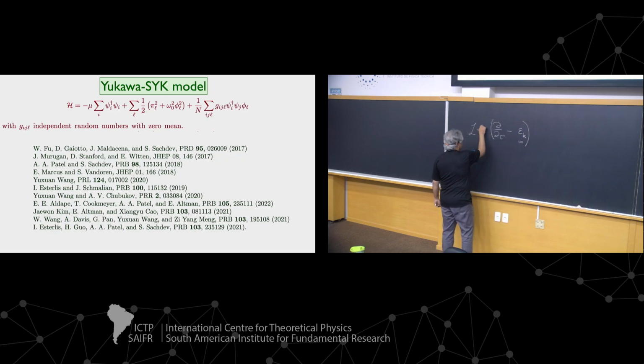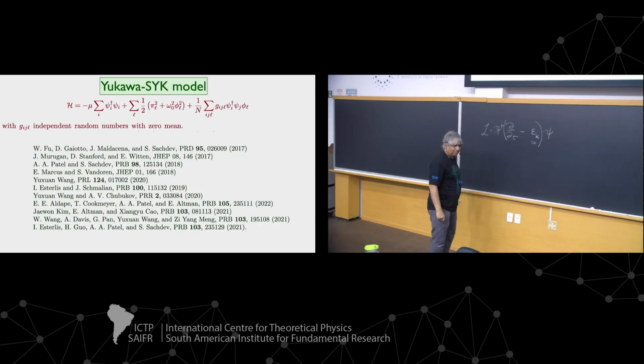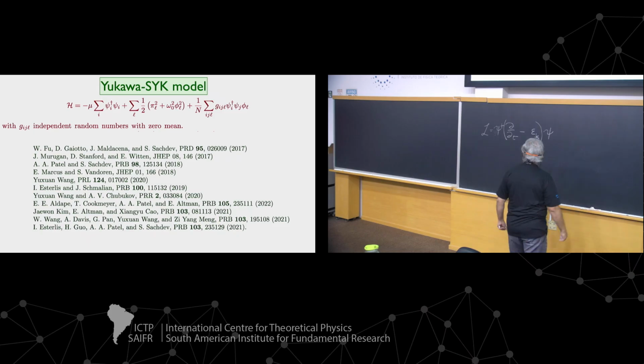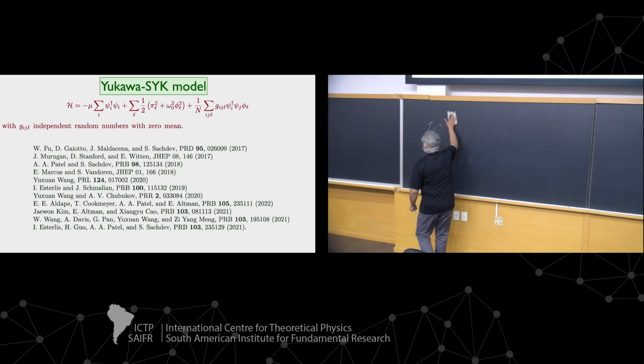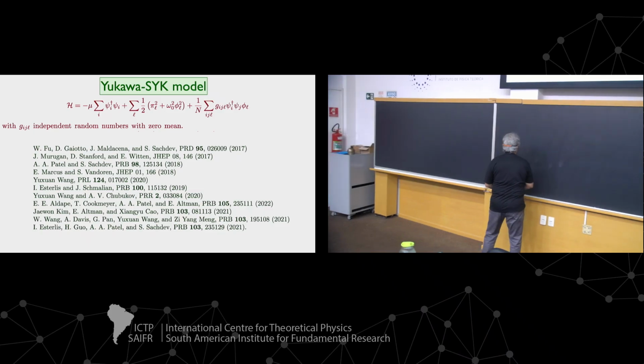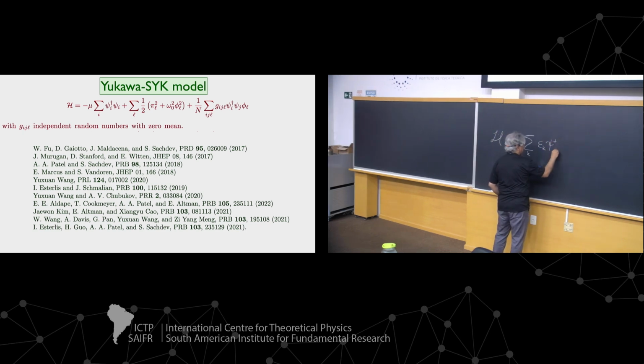So it'll be psi dagger, psi. Well, if you want to see a Hamiltonian, let me stick to a Hamiltonian. The Hamiltonian would be the sum on k of some dispersion, psi dagger k, psi k.